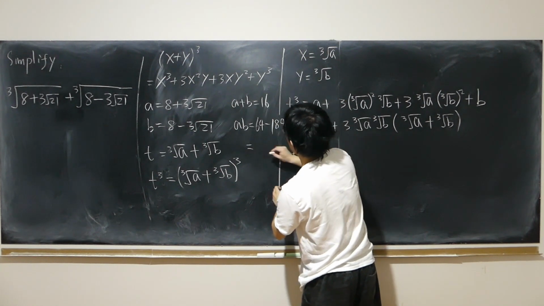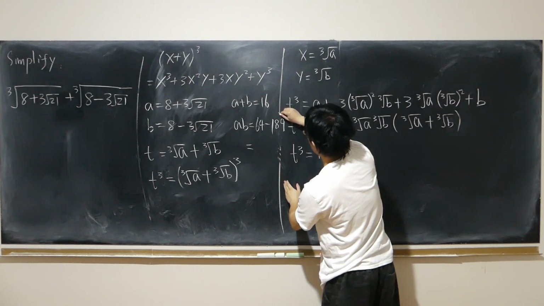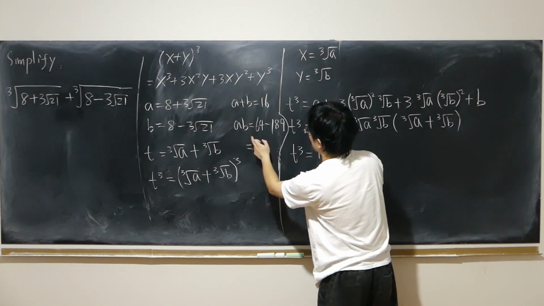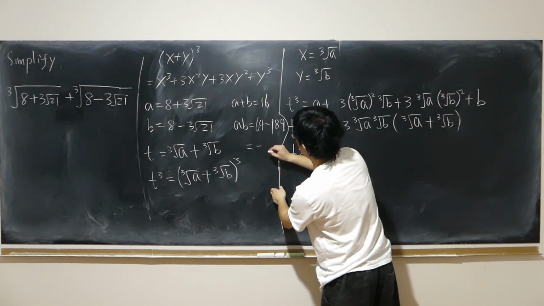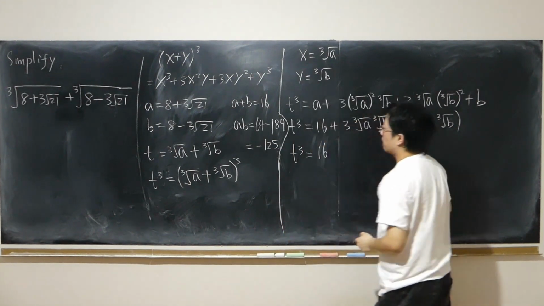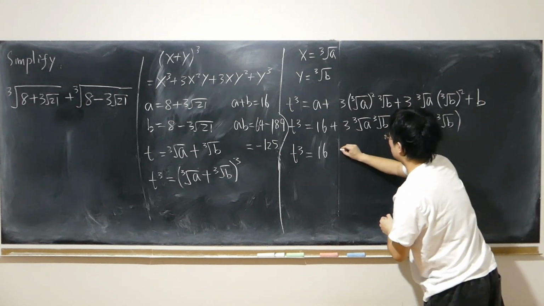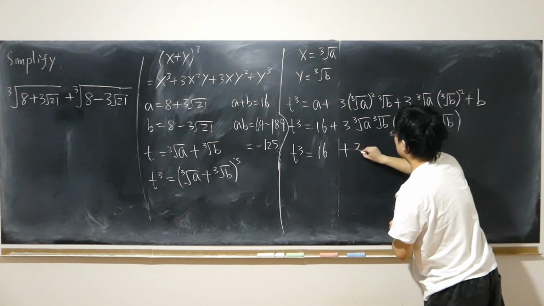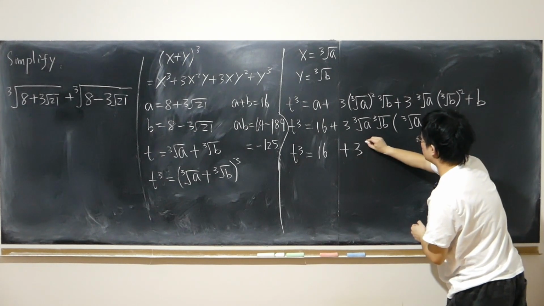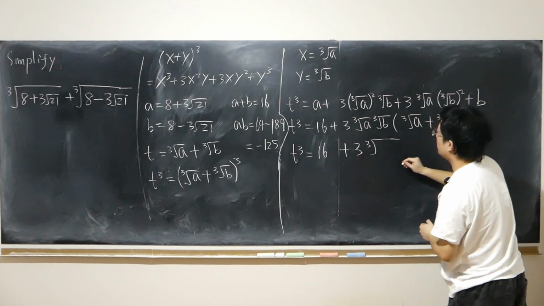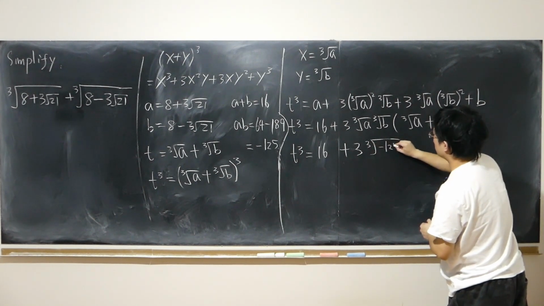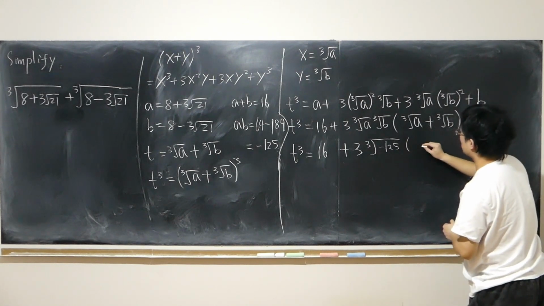Right? So this is negative 125. That's ab. So here, ab, so 3 times the cubic root of ab, negative 125.